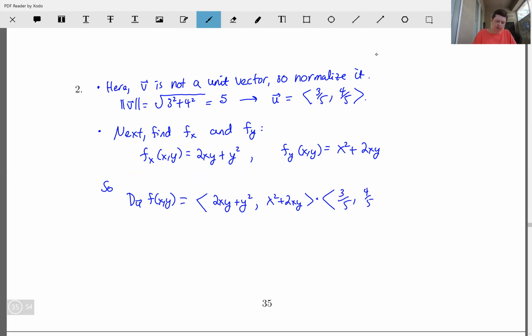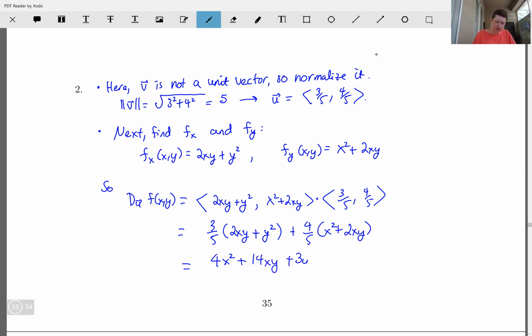So I'm going to get 3/5 times 2xy plus y squared plus 4/5 times x squared plus 2xy. And doing the algebra, unless I made a mistake, I get 4x squared plus 14xy plus 3y squared, all over 5. And so we can evaluate that at any point in our domain.